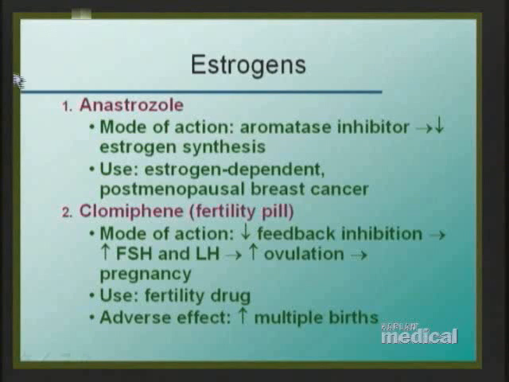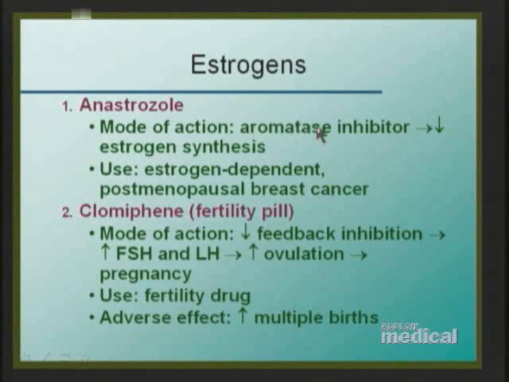How about blocking estrogens? Well, we block estrogens often in cancer situations, and various drugs should come to mind. The first one in your syllabus is the compound anastrozole. Anastrozole is an aromatase inhibitor. Aromatase is an enzyme found very highly in adipose tissue and which is responsible for aromatizing androgens.